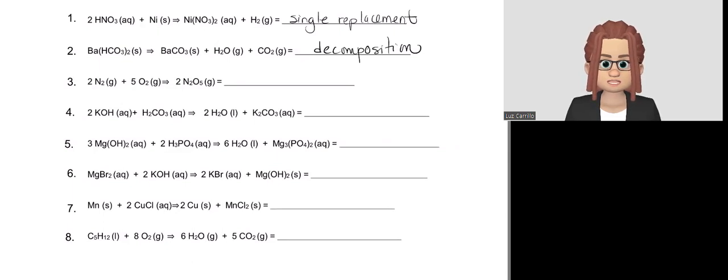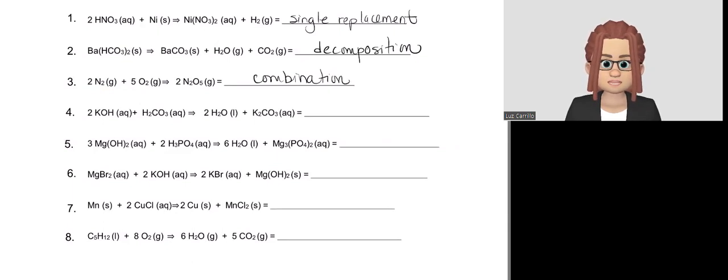In the next reaction, we have nitrogen gas combining with oxygen gas, making a single product. So this is called the combination reaction, or in other words, a synthesis reaction.